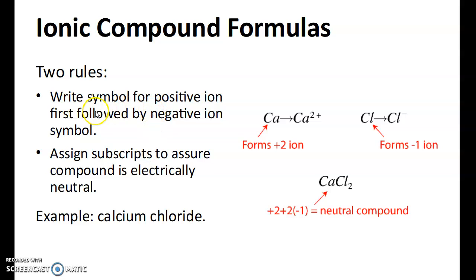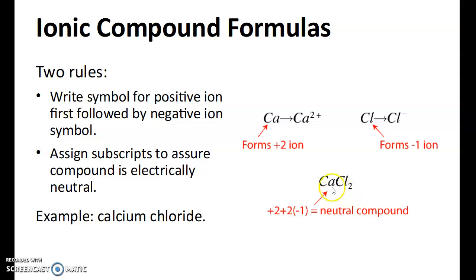In the ionic compound formulas, the rules are you write the positive ion first, followed by the negative ion, right? And remember, the charges have to balance. Calcium has a 2+ on it, right? Each chlorine, to form a chloride ion, only has a -1. So each one of these requires 2 of these.